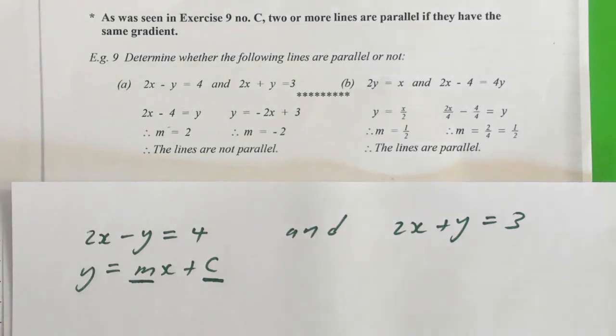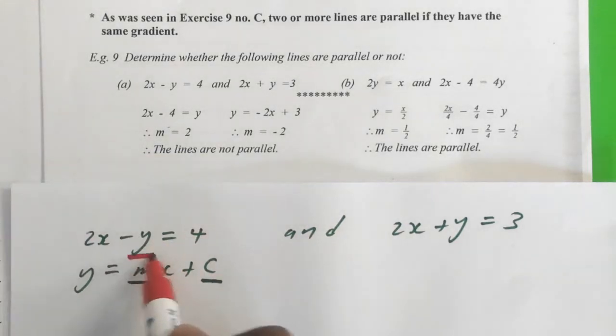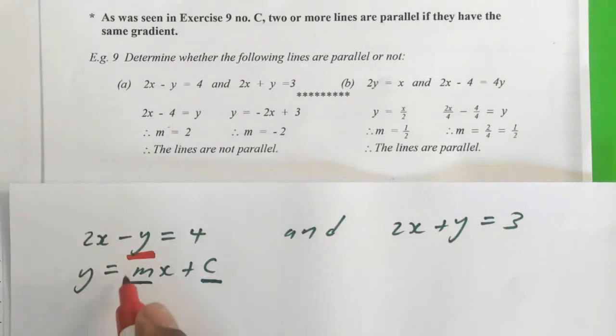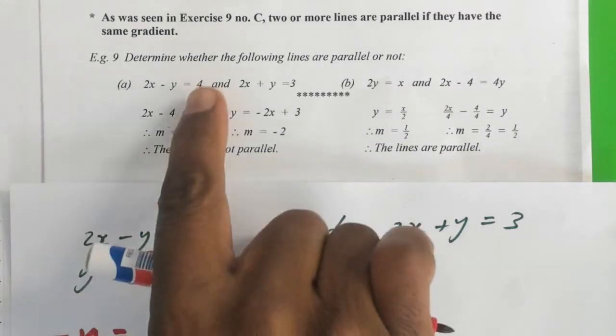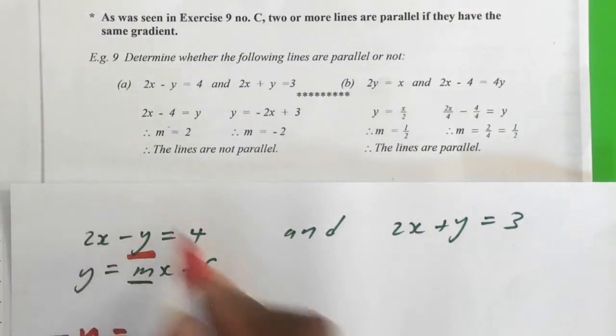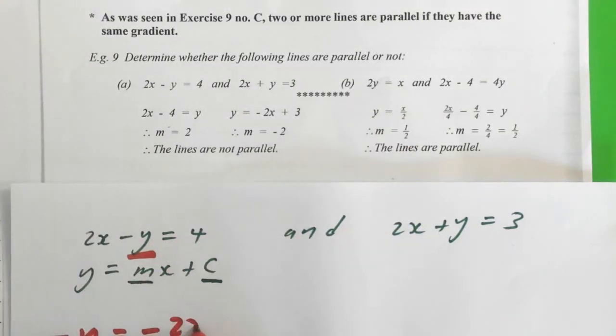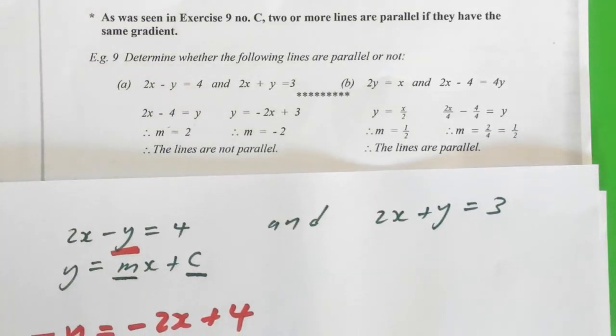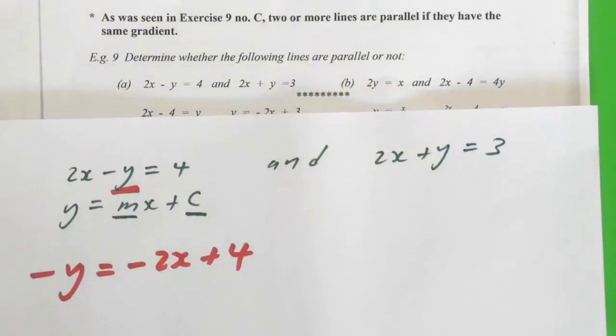Remember standard form, we have to solve for y. So keep minus y this side. If you look at your ABC, they do it differently, that's okay. I move 2x the other side, minus 2x plus 4. Remember, I have to solve for y.